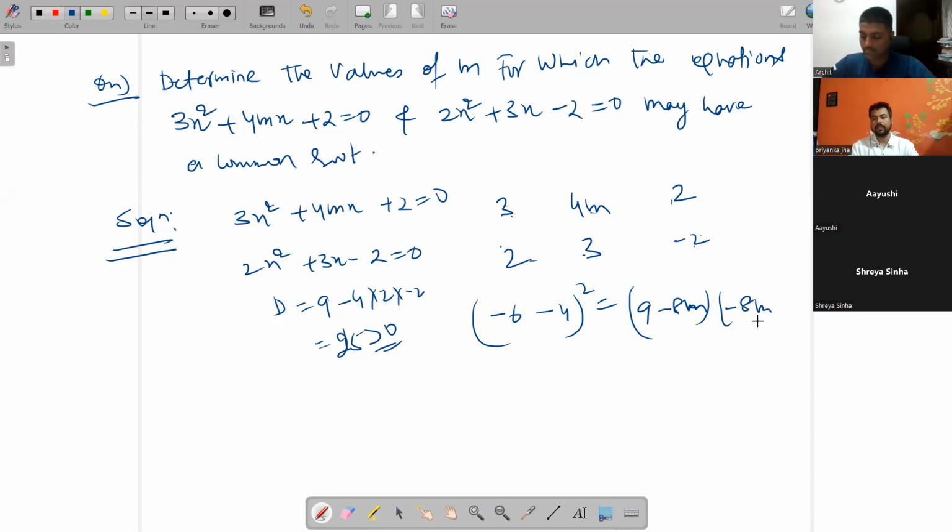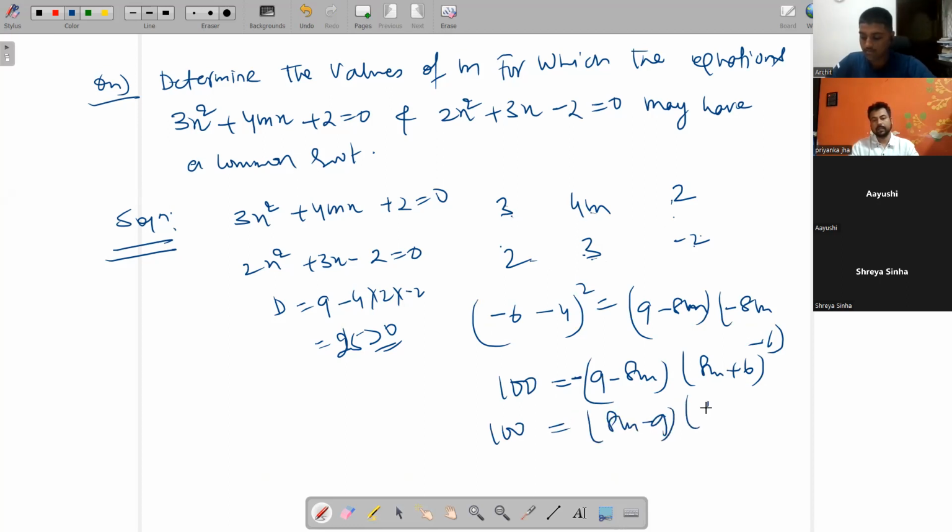That is minus 8m and minus 6. So this is 100 equal to 9 minus 8m and then 8m plus 6 with a negative sign. So just consume this negative sign. It will be 8m minus 9 and 8m plus 6.